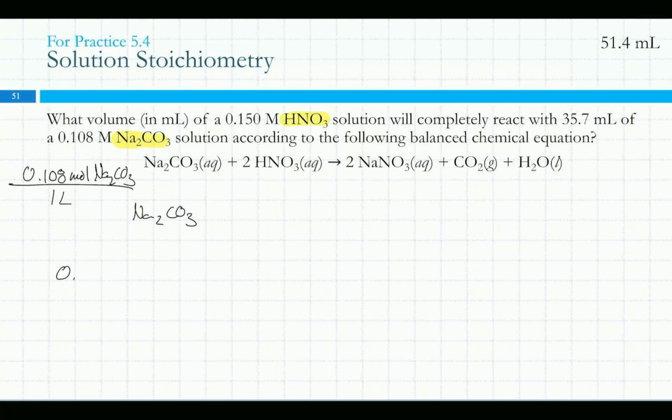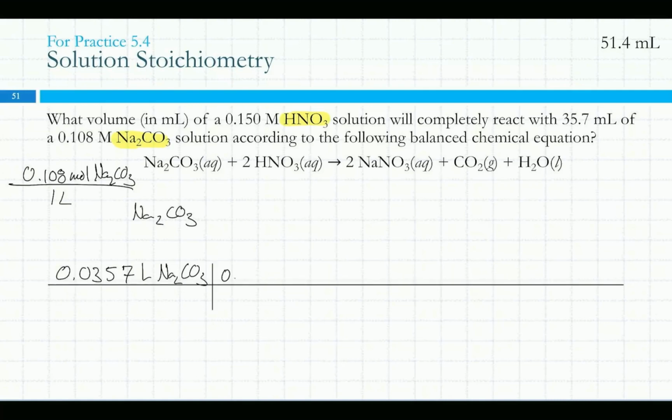So we have to convert first this milliliters into liters. Since we're short on time, I'm just going to do that. So that's liters of the Na2CO3 solution. So I find moles with my 0.108 moles of Na2CO3 per 1 liter.